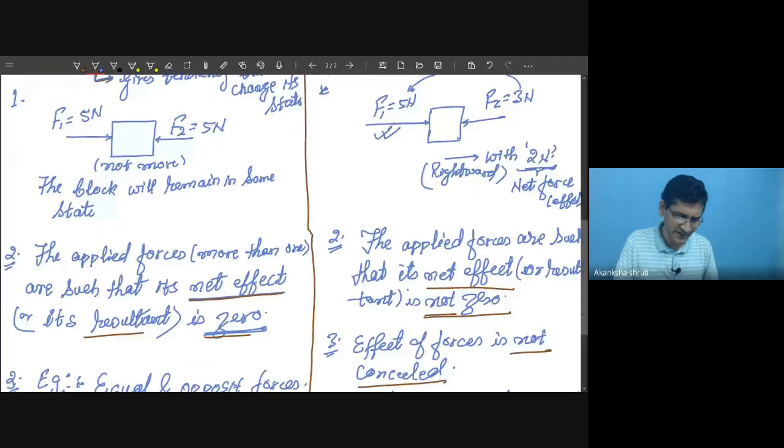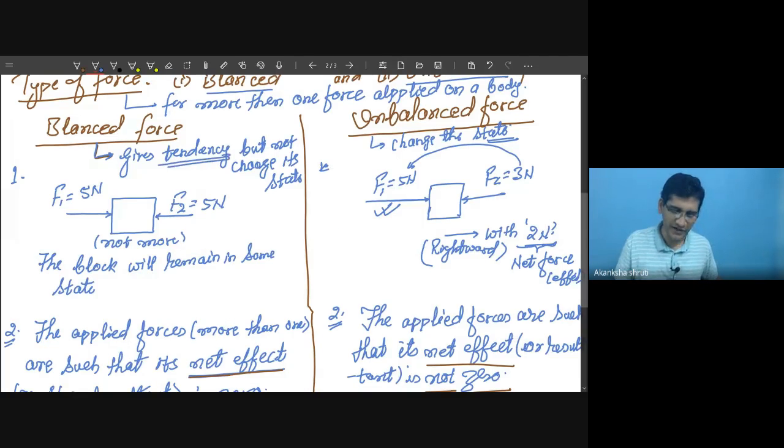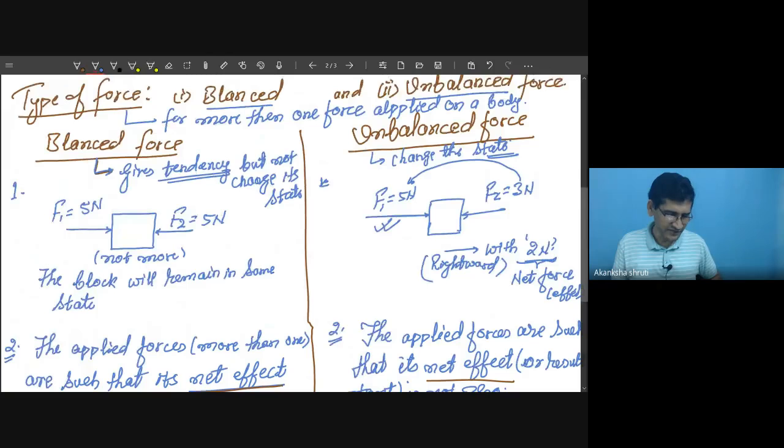So these are the differences that you have to keep in mind. So having the tendency is the ultimate effect of balanced force. When the forces are applied, the body will not move. But if different forces, meaning non-cancelable forces, are applied, the body will change its state.